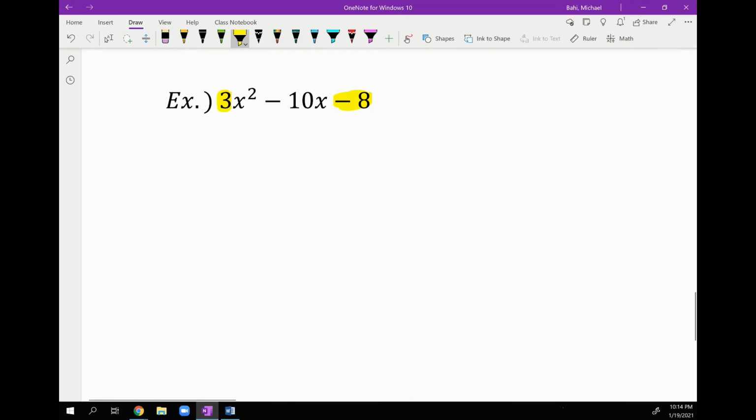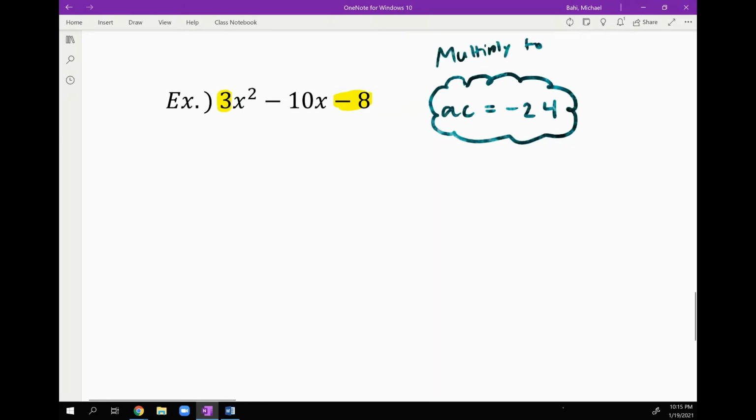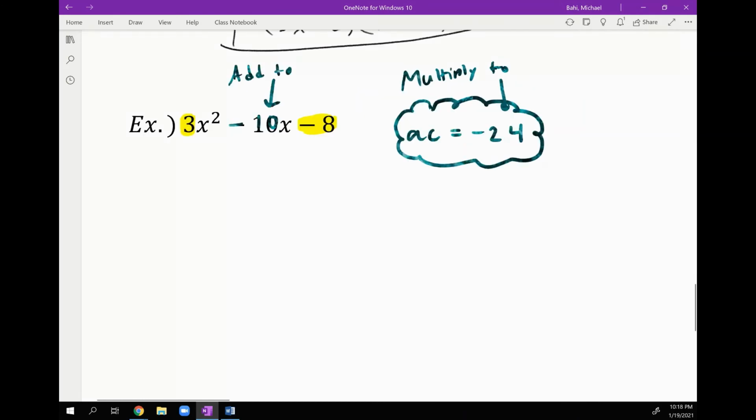So AC in this case would be negative 24. Now, I'm not going to write that negative 24 in the original problem. We're just going to temporarily ponder this number and think about what two numbers multiply to negative 24 and add to negative 10.